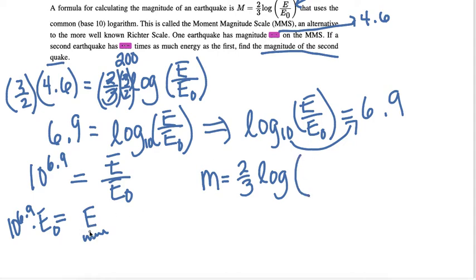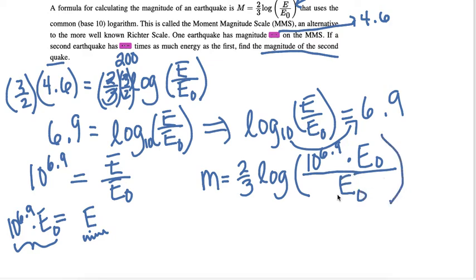Instead of writing E, I'm going to substitute this in, because it equals E. So I write 10 to the power of 6.9 times E naught divided by E naught. Look at that. How nice is that?